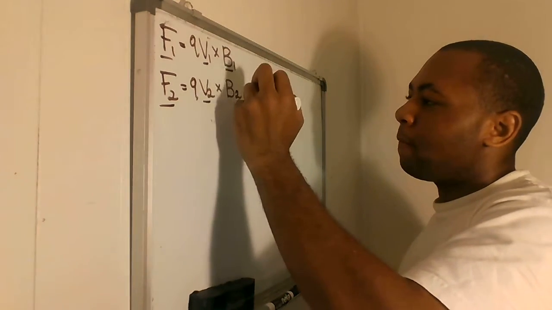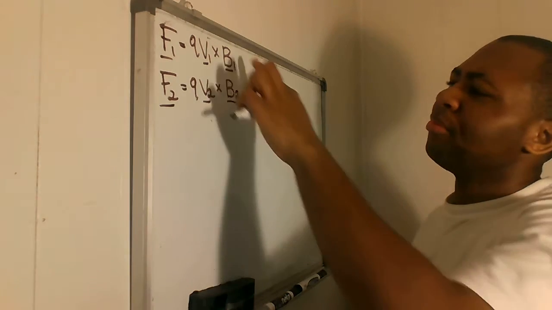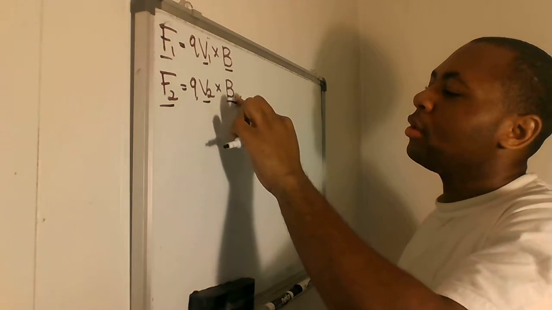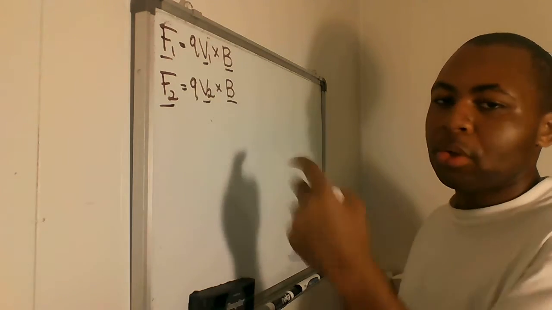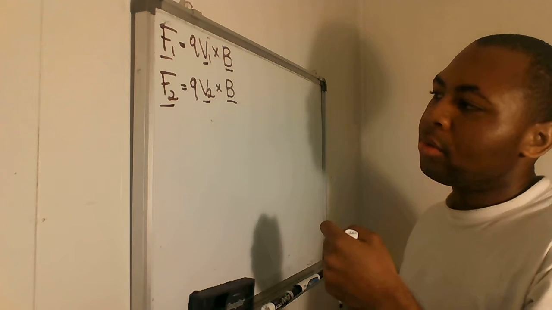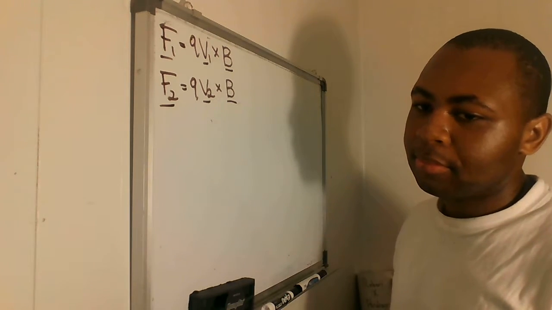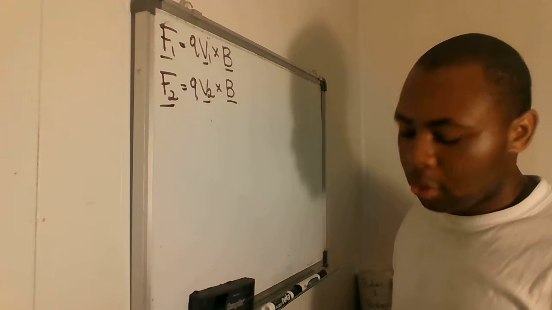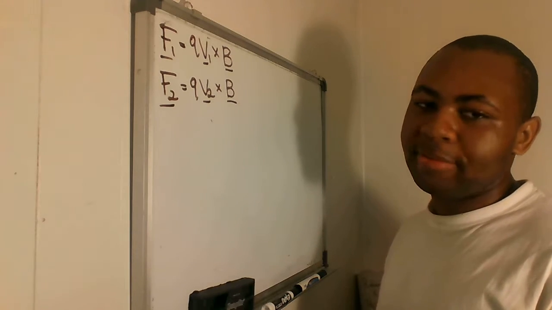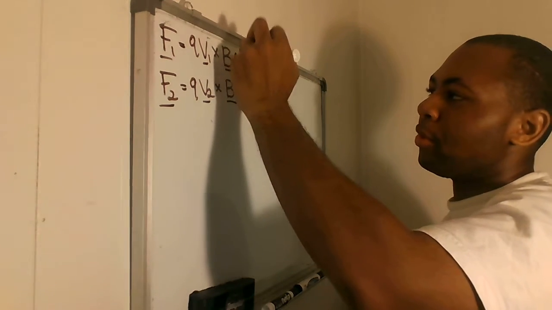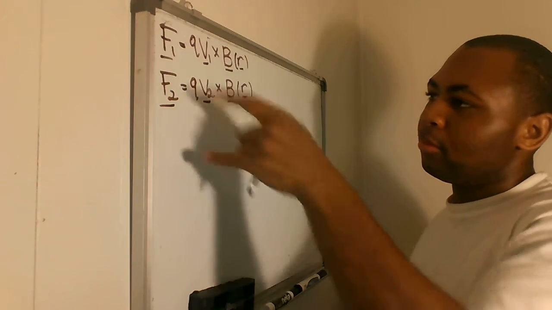These are the same fields. So we have one charge, and relative to the B field, the charge has two separate velocities. What's the total force? No, it's actually asking us to find what the B field is. Can we determine the B field from these two forces?